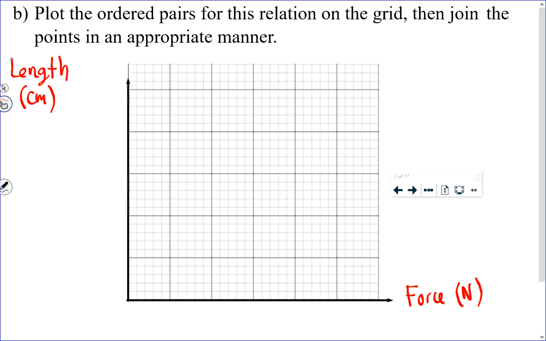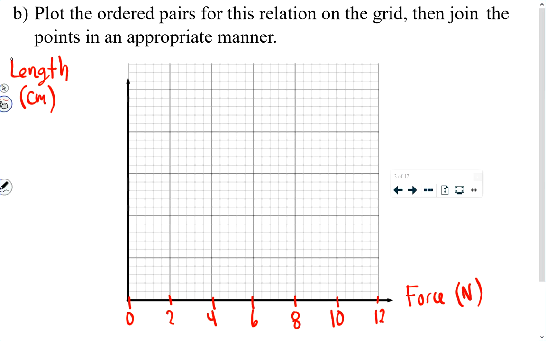The force went up to, I believe, 10 newtons. So a nice scale would be to say this is 0, this is 2, 4, 6, 8, and 10. I'm going to put 12 here because I think we might need it in a bit.